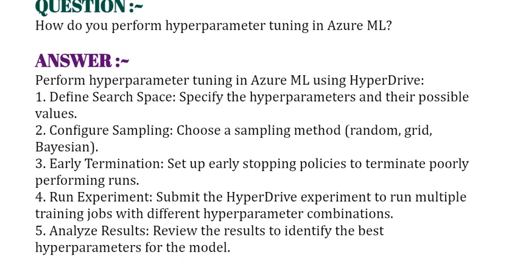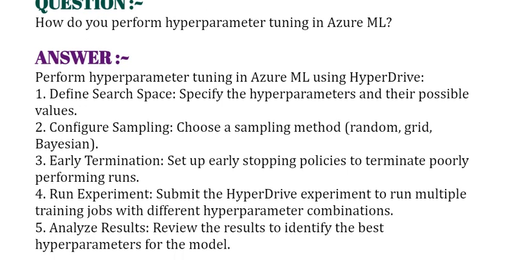Early termination. Set up early stopping policies to terminate poorly performing runs. Run experiment. Submit the HyperDrive experiment to run multiple training jobs with different hyperparameter combinations. Analyze results. Review the results to identify the best hyperparameters for the model.